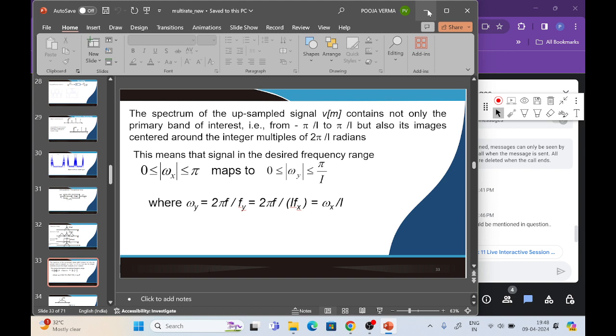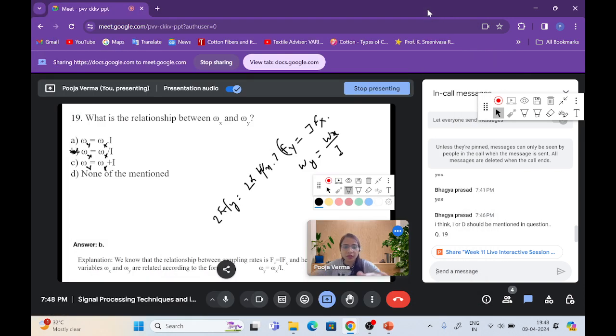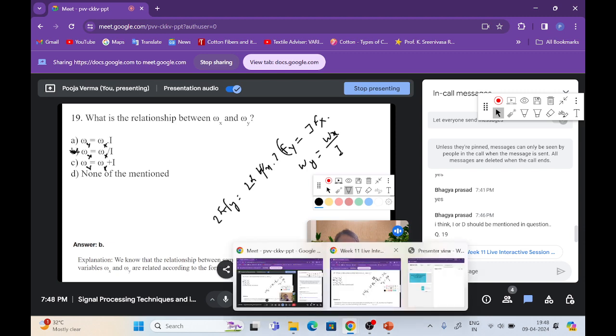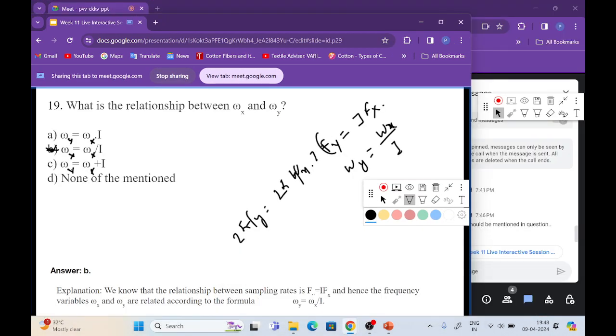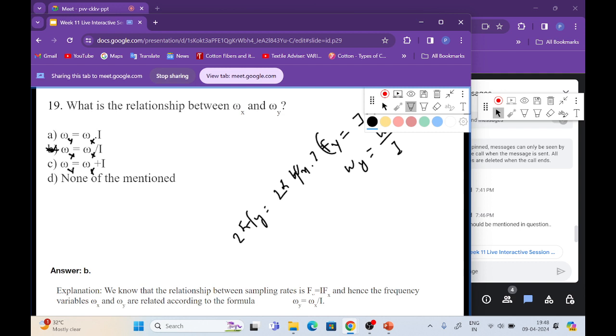If you change like this, then you will get omega x divided by I. Okay, if you take it like this, I hope so, 2 pi into f divided by fy, and fy is given as I of fx, right?